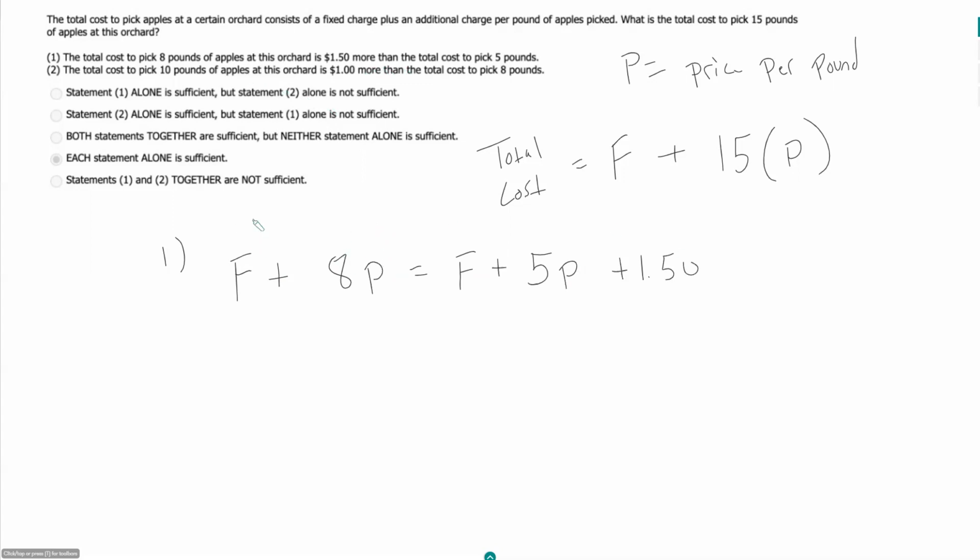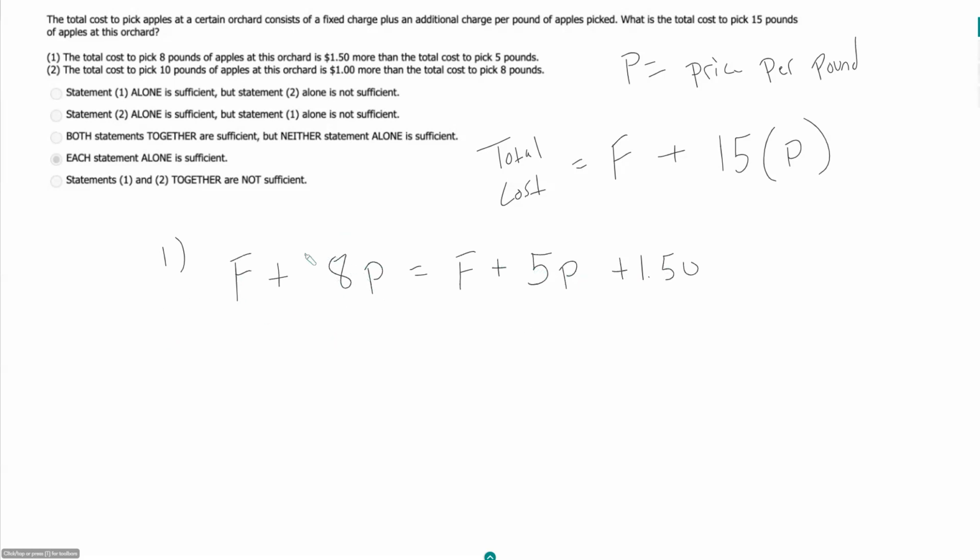So this is my total cost if I pick 8 pounds of apples, and here, this is my total cost if I pick 5 pounds of apples, and we're saying that when I pick 8 pounds, it's $1.50 more than when I pick 5 pounds.